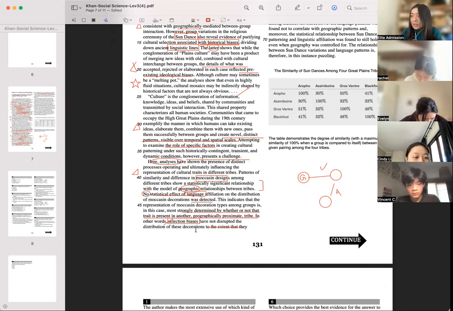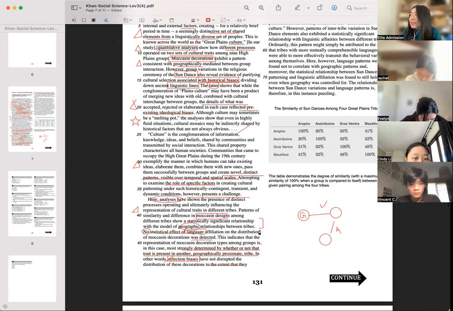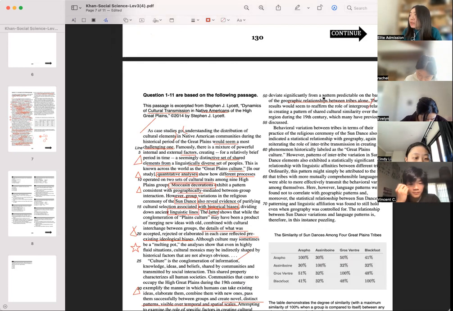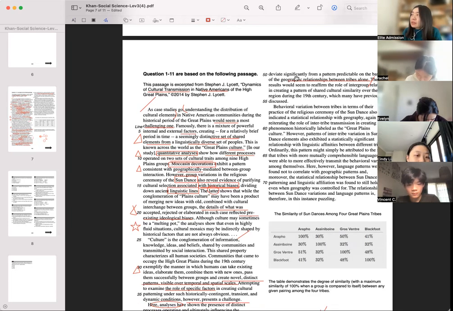It would not change the distribution to the extent that they get influenced by the geographic relationship. So basically it's like that.